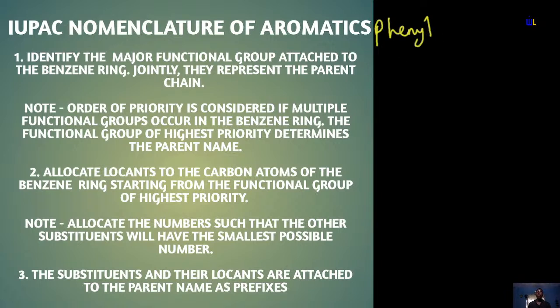Generally speaking, when aromatics occur as substituents, they are referred to as aryls. But when you are specifically talking about benzene, benzene occurring as a substituent is referred to as phenyl.